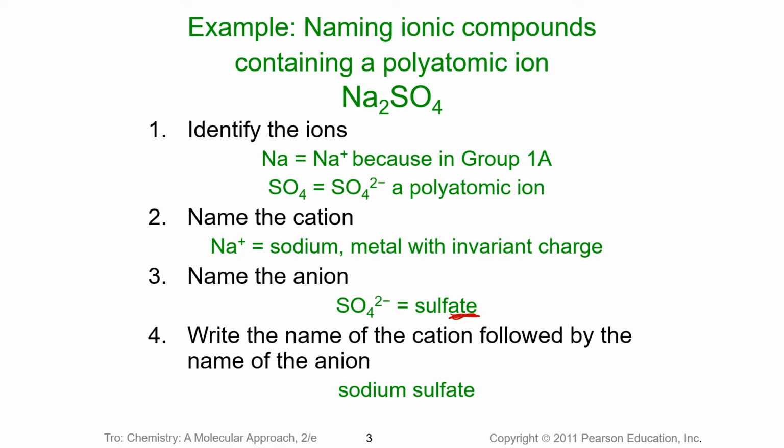Before, when it was just an S, it was sulfide. SO4 2- is sulfate. IDE versus ATE. Because there's oxygen, it ends in ATE. Our name would be sodium sulfate.